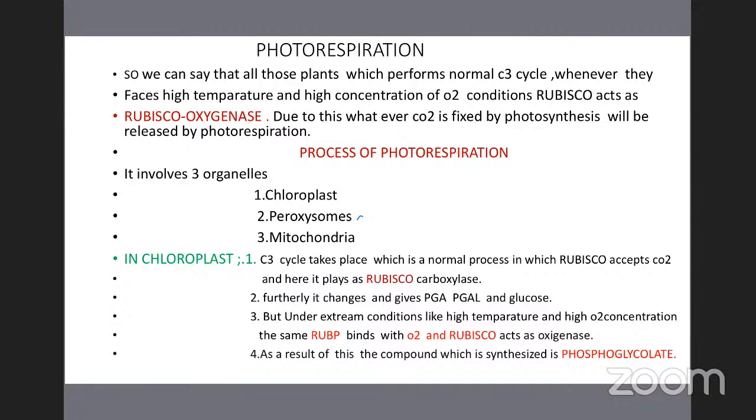When the C3 cycle is not possible, whenever the conditions are extraordinary, that means with a high temperature and a high oxygen concentration, under those conditions Rubisco acts as RuBP oxygenase. Due to these conditions, O2 will be absorbed by RuBP and CO2 will be released.